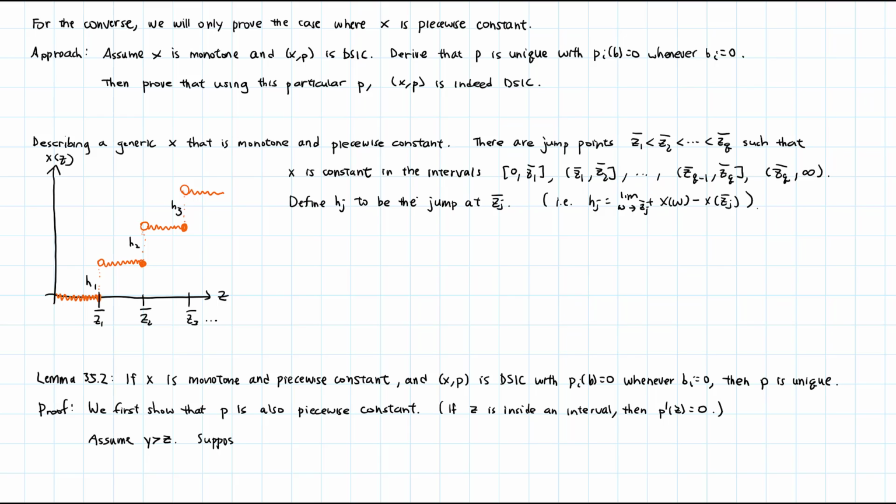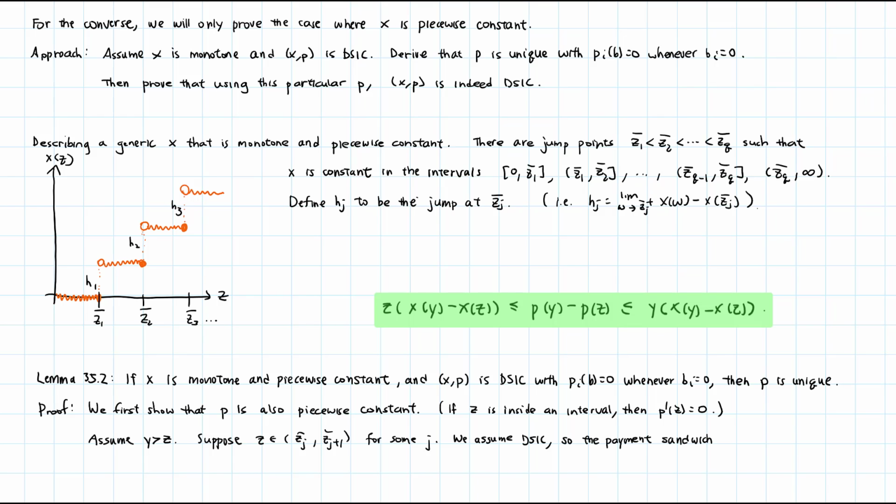We suppose that z is in some interval, from z_j bar to z_(j+1) bar for some j. We assume DSIC, so the payment sandwich applies. We take the payment sandwich and divide each term by the positive number y minus z. This will give us this series of inequalities.